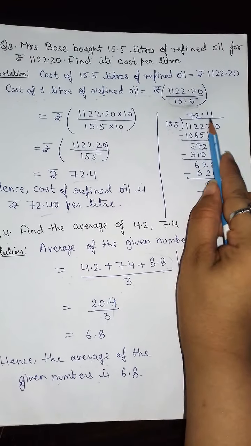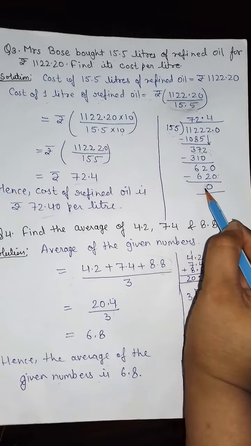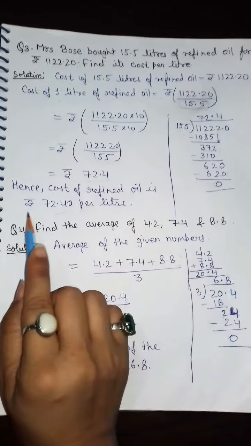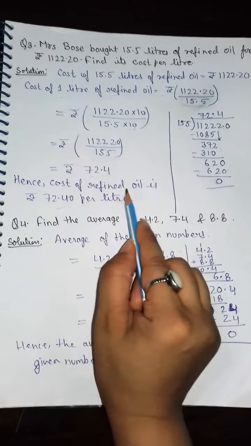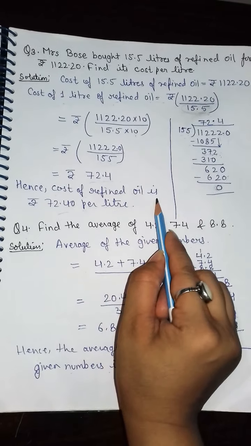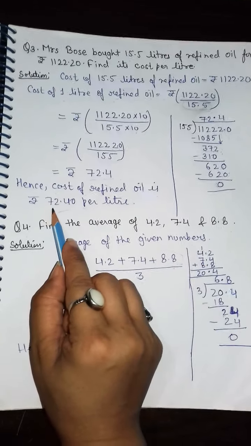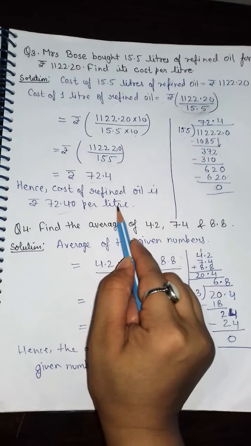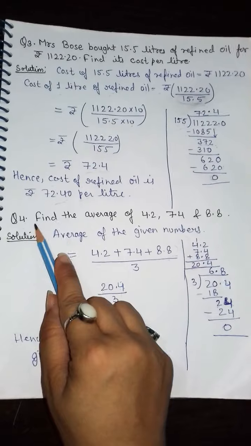Now 155 4 times is 620 and the remainder is 0. So the answer is 72.4. Hence the cost of refined oil is rupees 72.40 per liter.